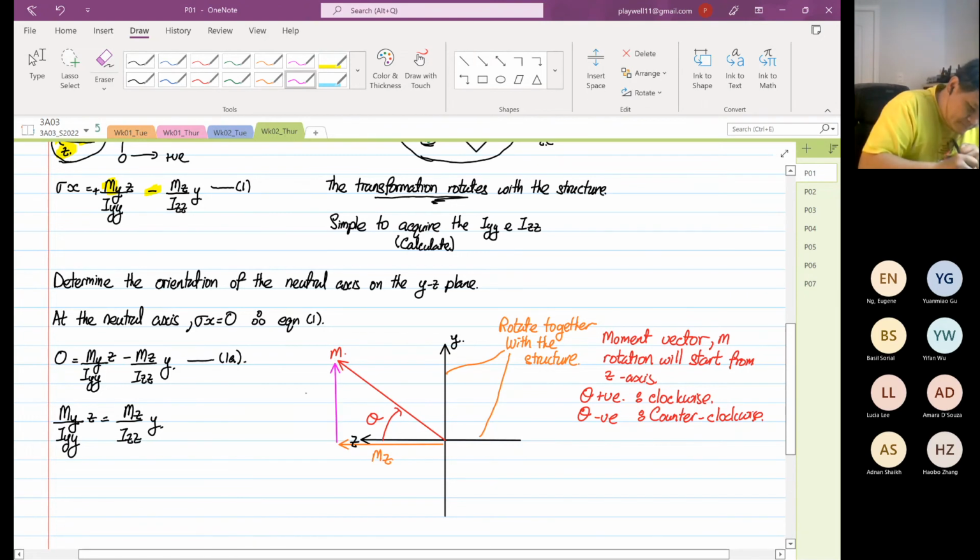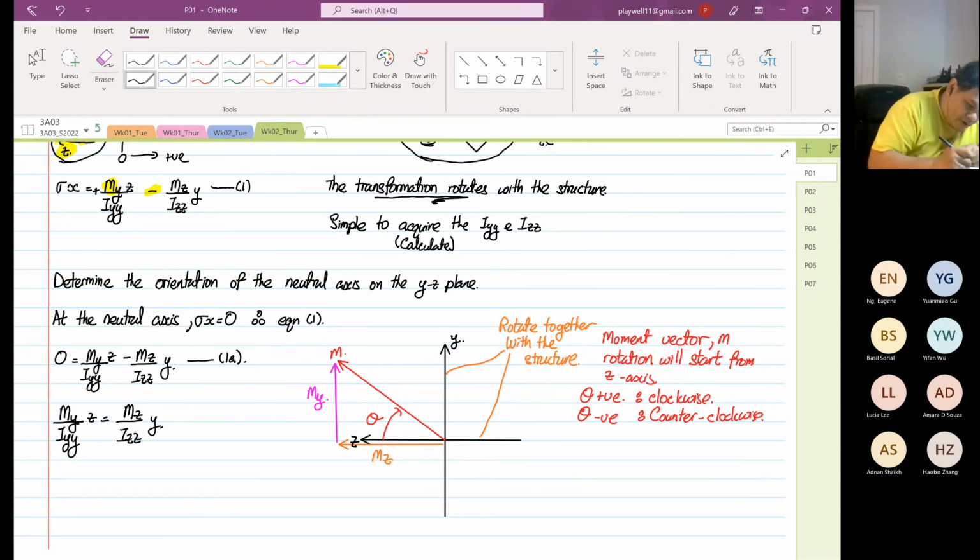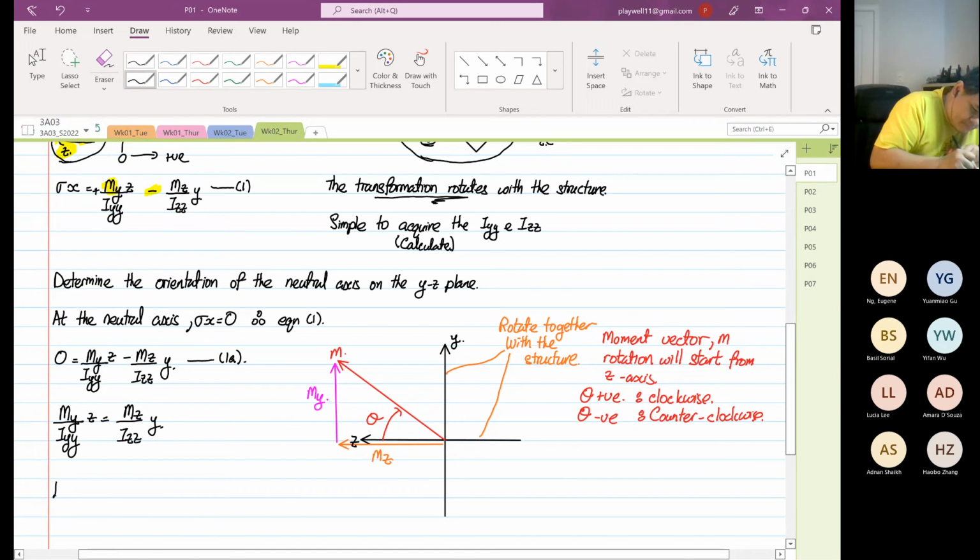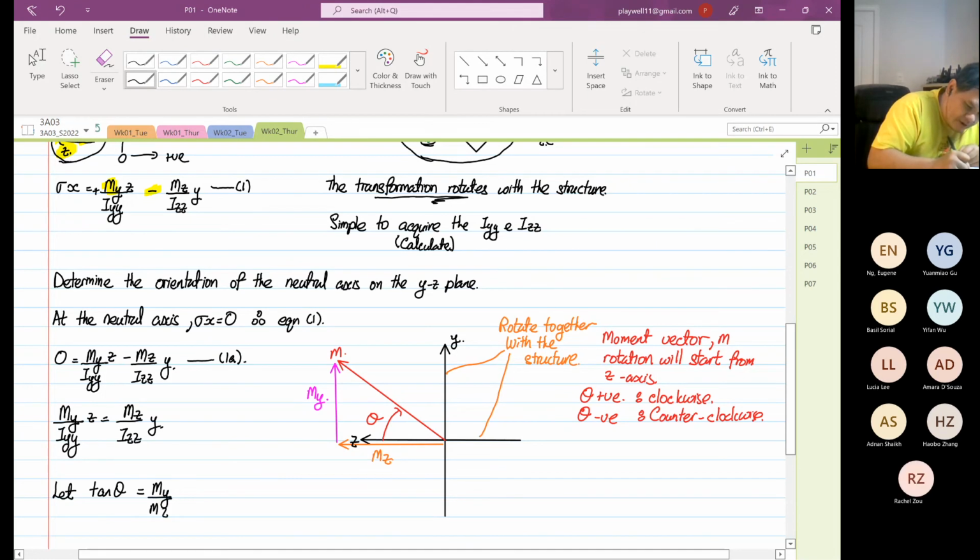So from here, we let tangent theta be equal to My over Mz.